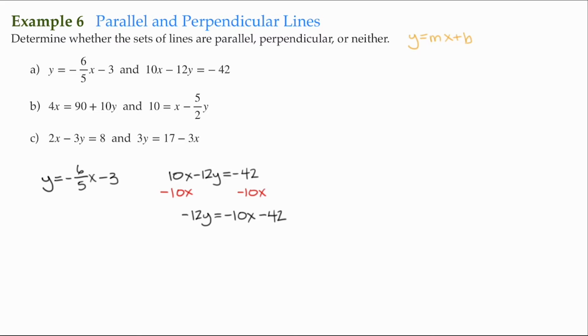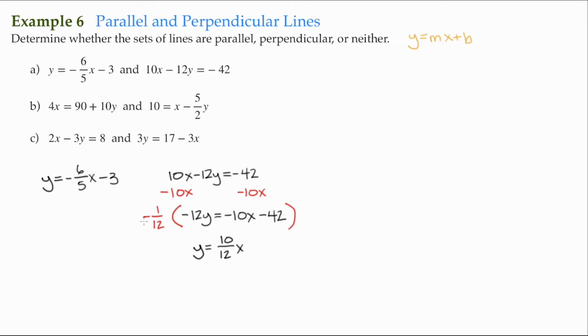We can then go ahead and multiply either side by -1/12, or like I like to do, we'll just do the whole thing. So we'll multiply by -1/12. And of course, we distribute this to each term inside the parentheses here. So -1/12 times -12y, that's going to leave us with y. -1/12 times -10x, that's positive 10/12 x.